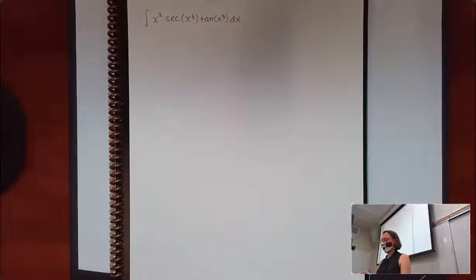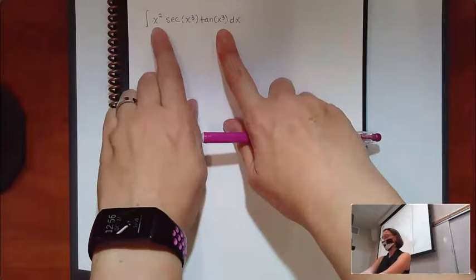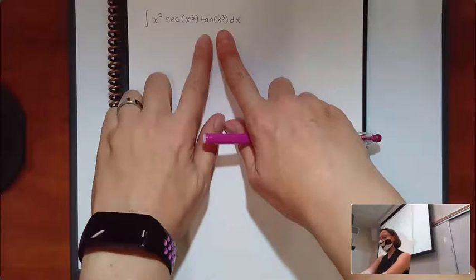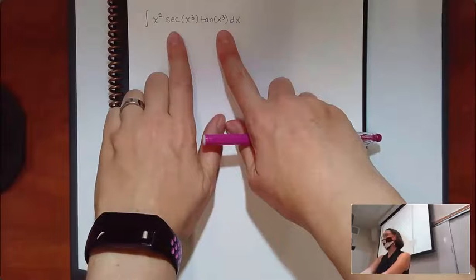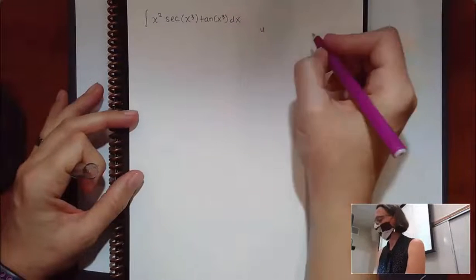I'm going to do a few different variations on this same problem. But if that's the problem that I have, for sure, I'm looking at that and going, I've got x cubes and the derivative of x cubed is x squared. So I know there's a u substitution that's going to help me out here. So I might as well do that piece of it. So what I'm looking at isn't quite so messy.